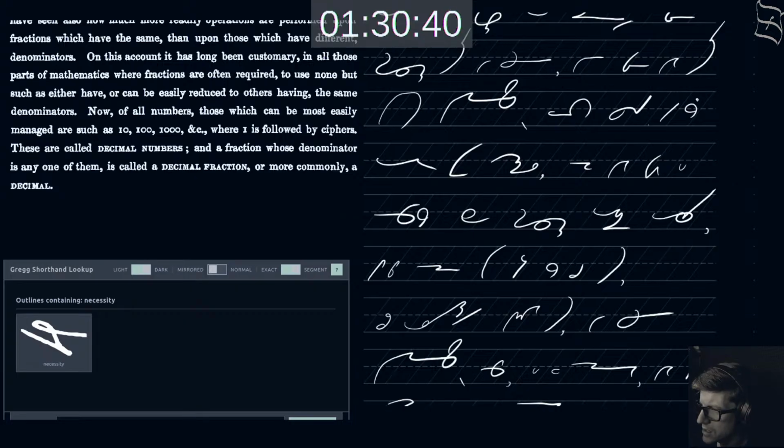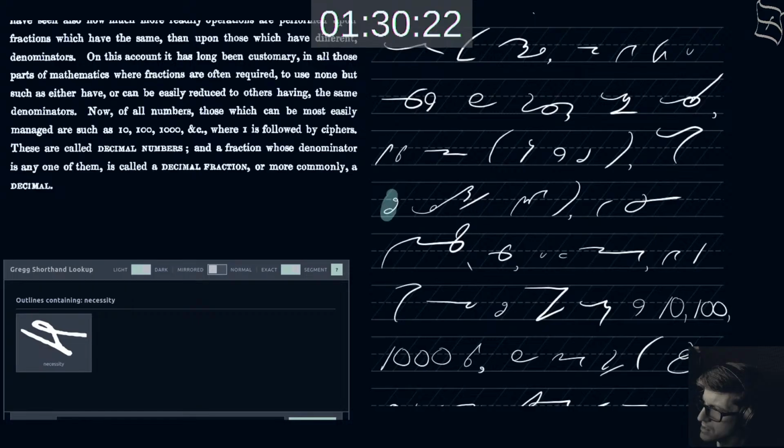That's a little tricky, isn't it? If I'm going to do the R, K, and then B, it has to curve up a little higher. Or can be, like that. Or can be easily reduced to others having. There we go.